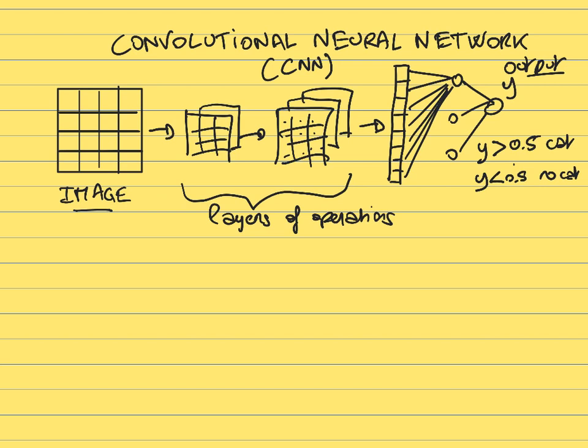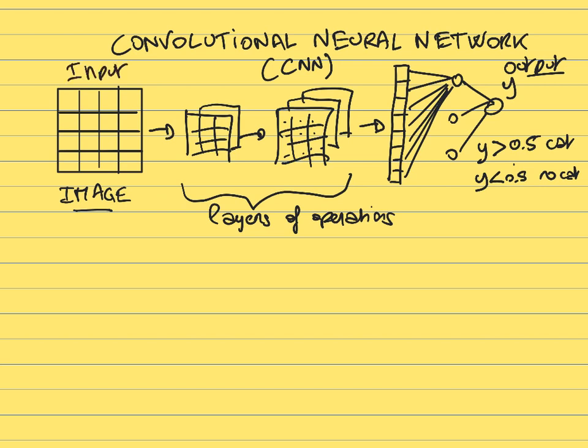For example, if you detect that there is a circle, this circle might indicate that this is the face of a cat. If you detect some lines, maybe this is going to be the mustache of the cat, or those kinds of patterns that can be useful in detecting whether there is a cat here or not. So this is what will be accomplished in those different layers. It's going to be trying to detect certain geometrical features within the input image.